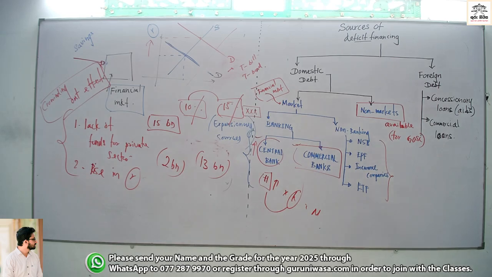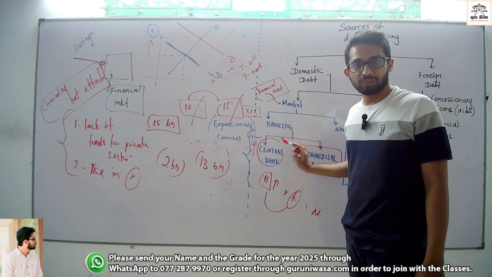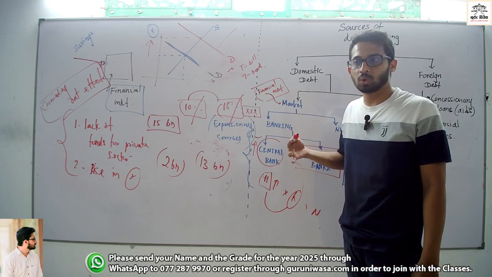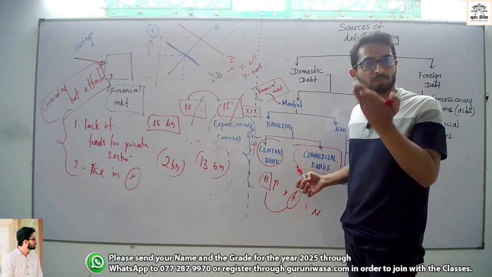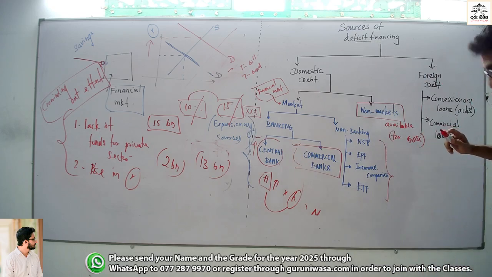I told you that borrowings from the banking sector are considered inflationary or expansionary sources, as these sources increase money supply. This is a good question.